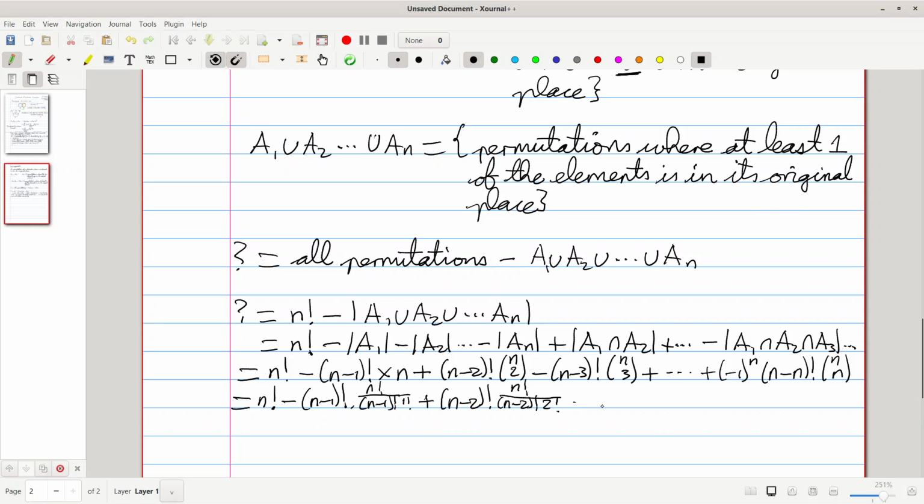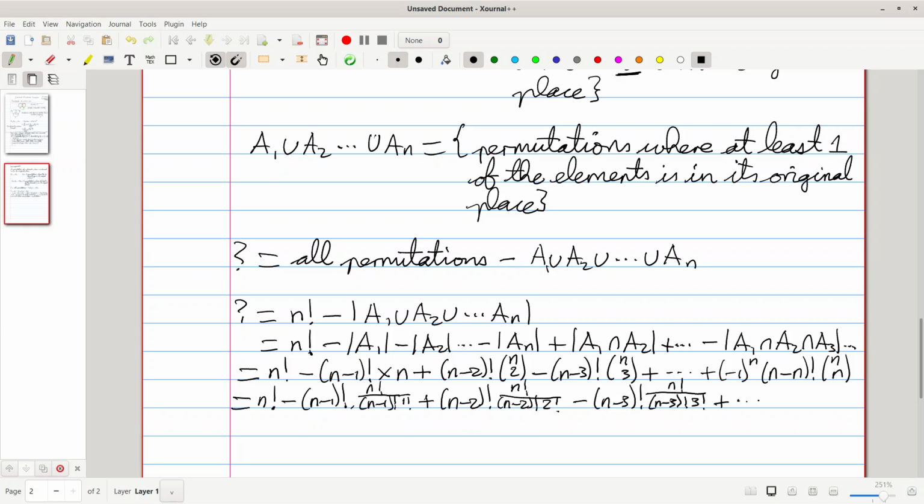And then minus n minus 3 factorial. Again, I'm going to write the binomial coefficient in terms of factorials. So that's going to be n factorial over n minus 3 factorial times 3 factorial, and so on.